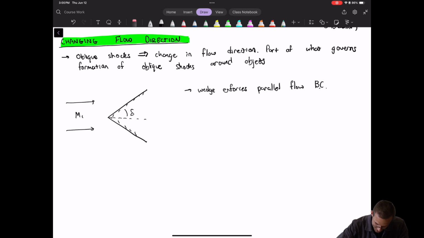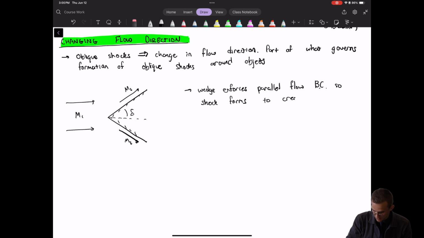And so M2, or the flow after it encounters the wedge, has to be parallel to the wedge. So a shock forms to create the necessary deflection angle delta. Okay, and that shock that forms looks like this.